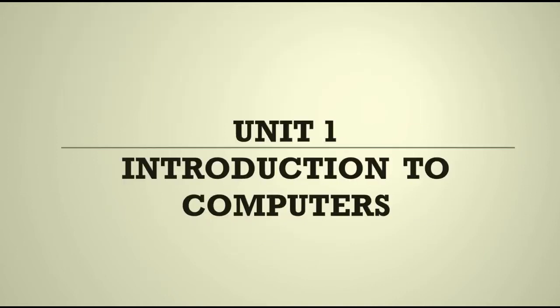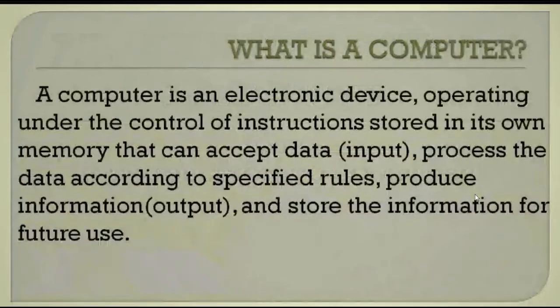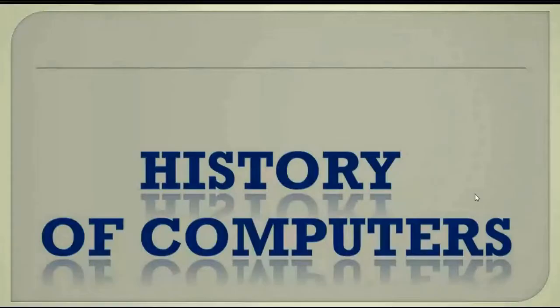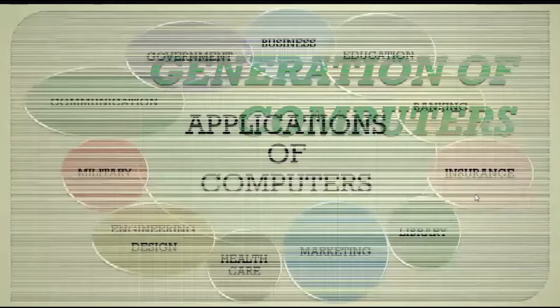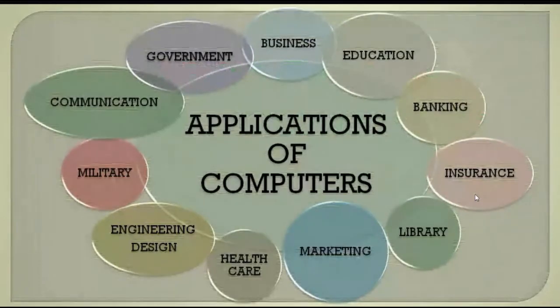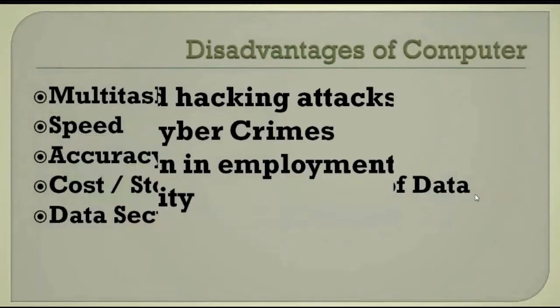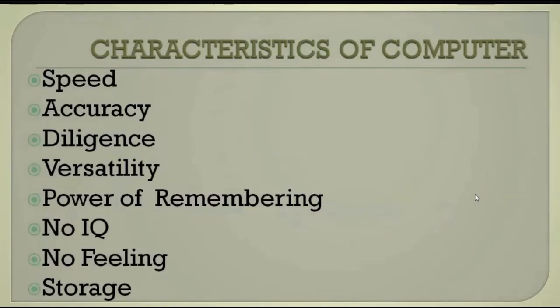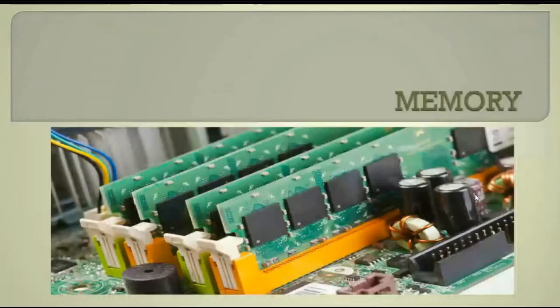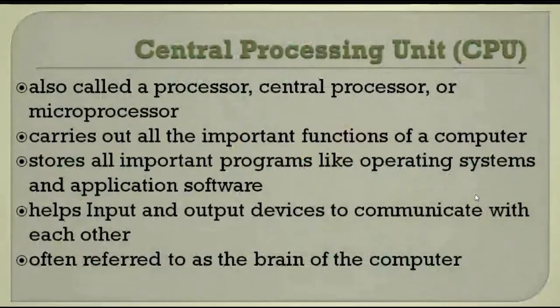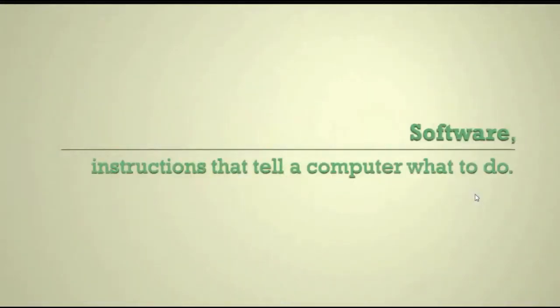We are seeing the Unit 1 Introduction to Computers. So far, we have learned what is a computer and the history of computers, generation of computers, application of computers, advantages and disadvantages, characteristics of computer, then types, memory, central processing unit and its components, input and output devices.